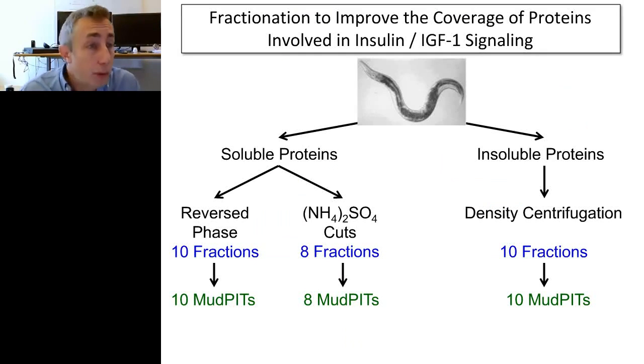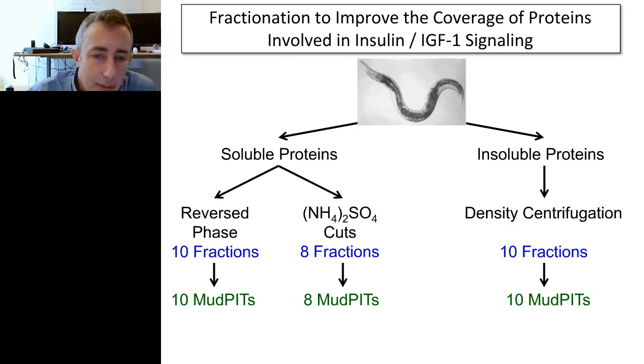So we decided to take a brute force approach. We're pretty good protein biochemists, so we were going to fractionate proteins to improve our chances of identifying these proteins in a complex mixture, while also trying to improve identification using data-dependent acquisition. What I mean by mud pits here is that we took intact proteins by reverse phase, digested them, and ran multidimensional chromatography separations to separate the peptides.